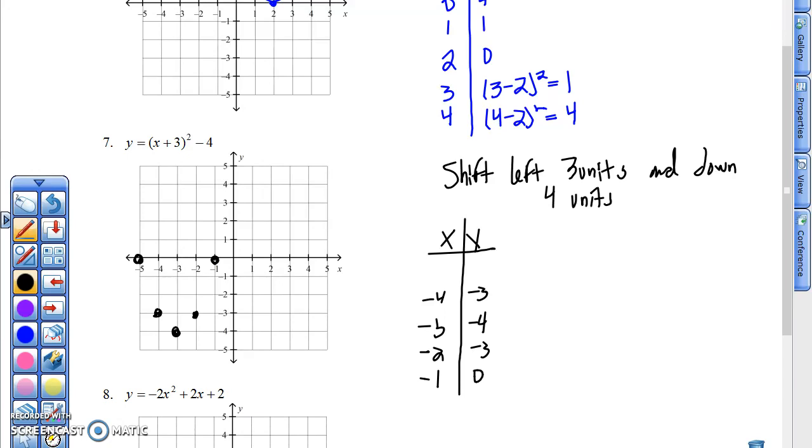That's at negative 1, 0, negative 5, 0. 3 squared is 9, so I could even get one more point in on this side at 0, 5. This one would have been at negative 6, 5. And I get the shape of my quadratic.